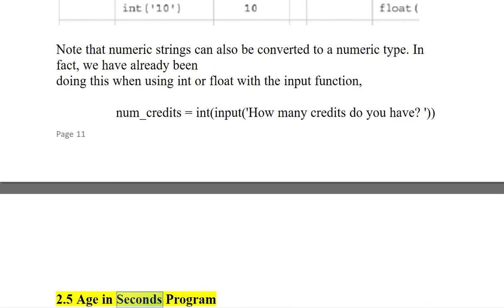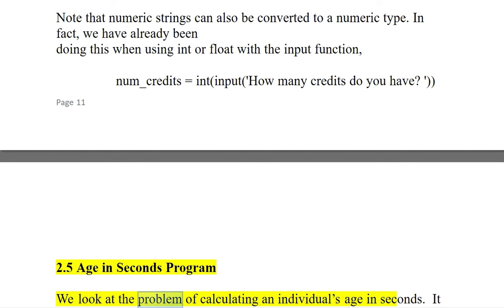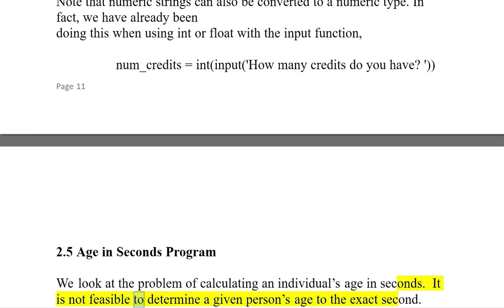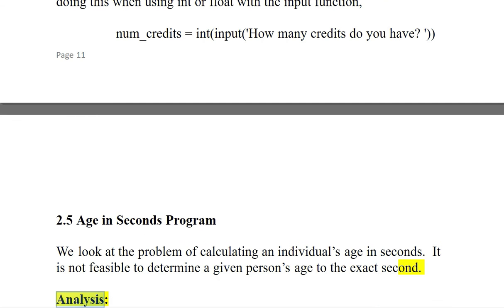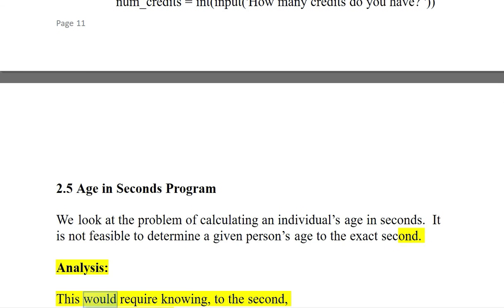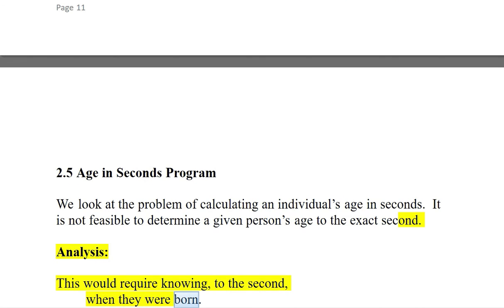Age in seconds program. We look at the problem of calculating an individual's age in seconds. It is not feasible to determine a given person's age to the exact second. Analysis. This would require knowing, to the second, when they were born.